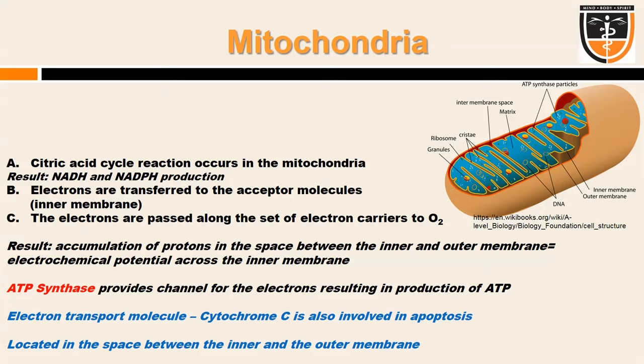So they will want to go from the space between the membranes back into the mitochondrial matrix, across the membrane. And they will be let through that membrane by a little pump called ATP synthase. ATP synthase will use the energy of these protons going back from the space between the membranes into the matrix, and use that to produce ATP.